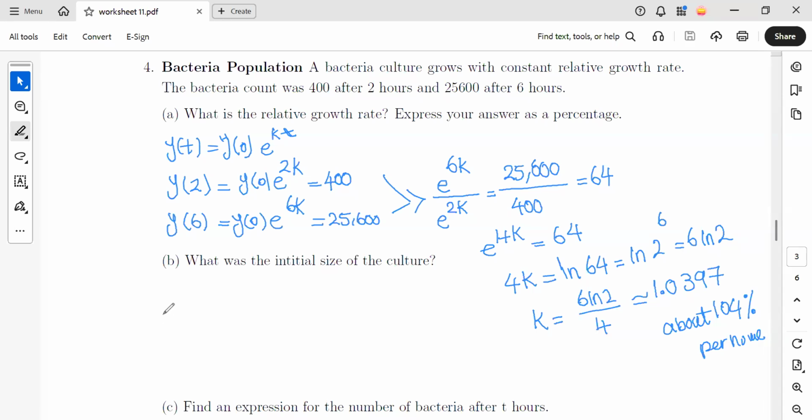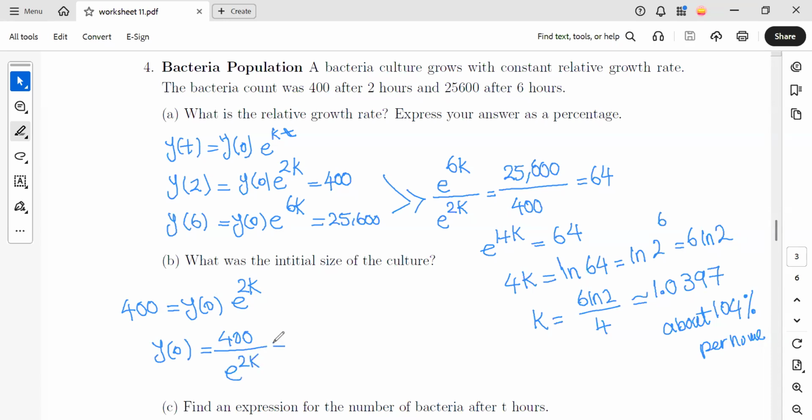For part B, it says, what was the initial size? Okay, so we know that 400 is equal to y of 0 times e to the 2k based on the previous part. So y of 0 here is 400 divided by e to 2k.